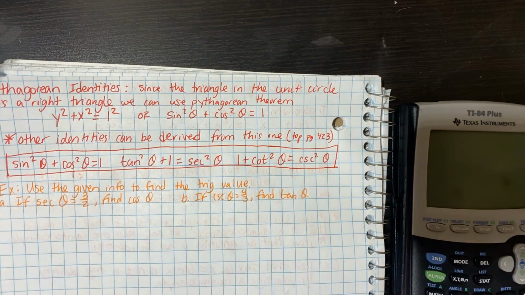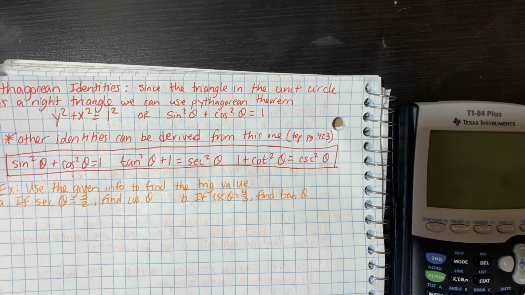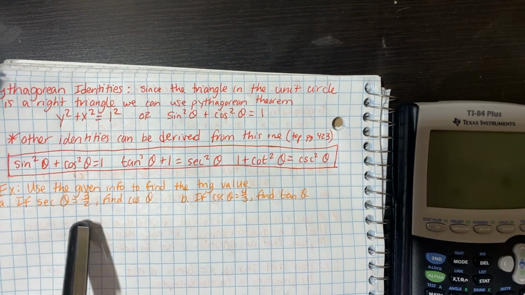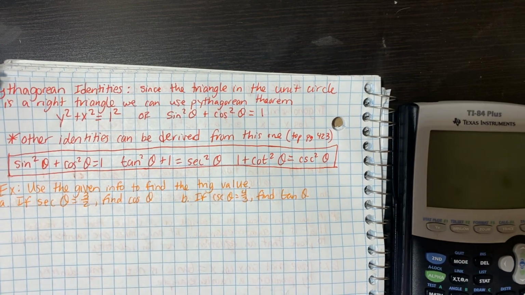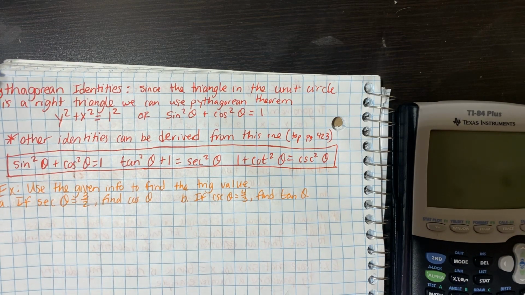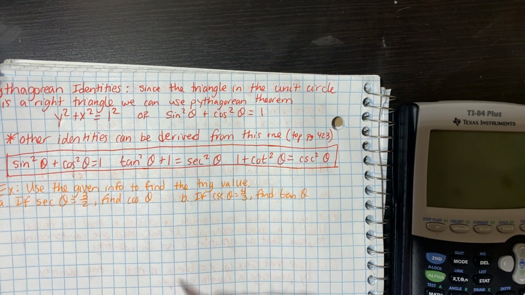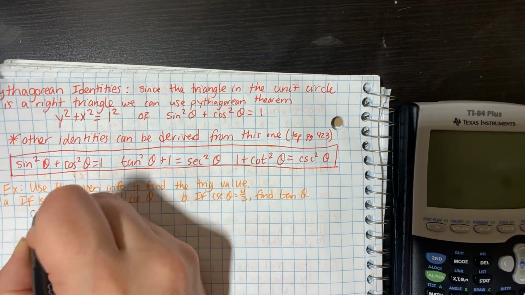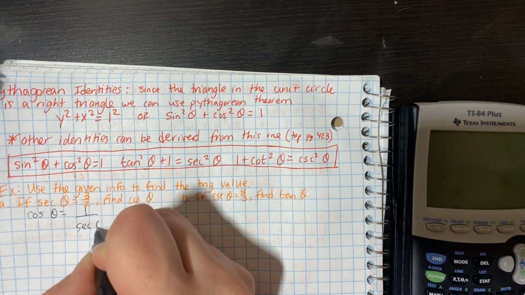Okay, example. Use the given information to find the trig values. If secant of theta equals 3/2, then find cosine of theta. Okay, well, let's peek back and see how secant and cosine relate to each other. So we know that cosine of theta equals 1 over secant of theta.